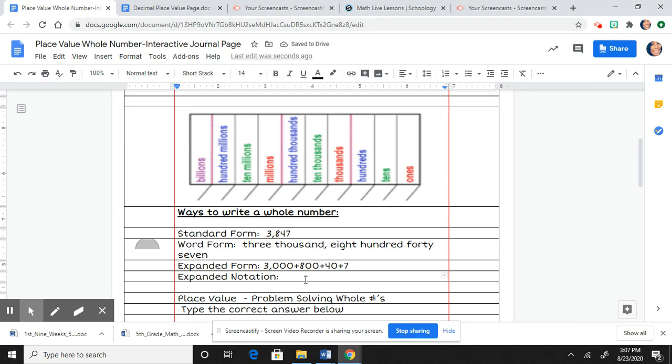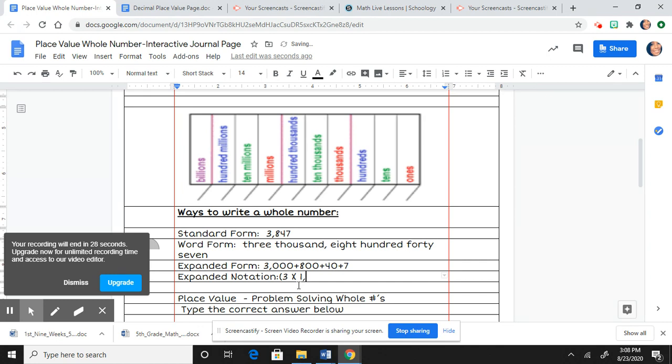In expanded notation, this is where we show the multiplication step. We multiply each digit times its actual value. Let's start with the very first digit, 3, and multiply it times its place value position. The 3 is in the thousands place, so we multiply it times 1,000.